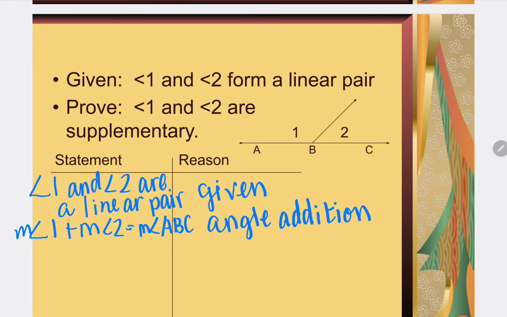We know that angle ABC is a straight angle because it is made of two opposite rays. That's the definition of a linear pair.